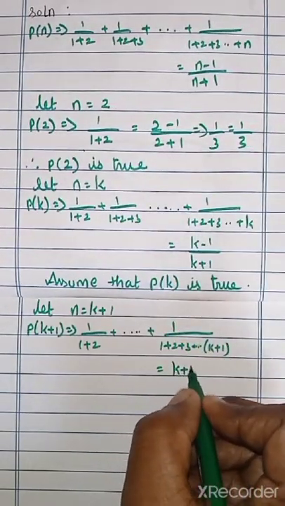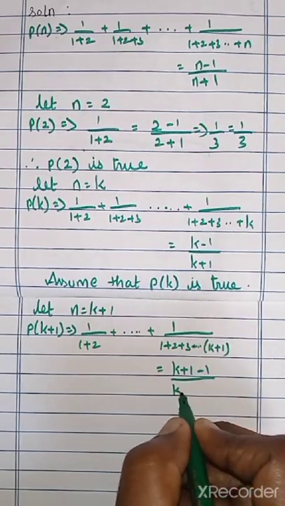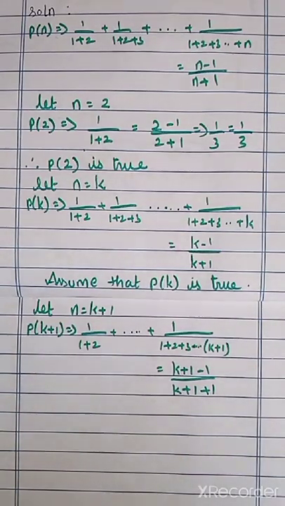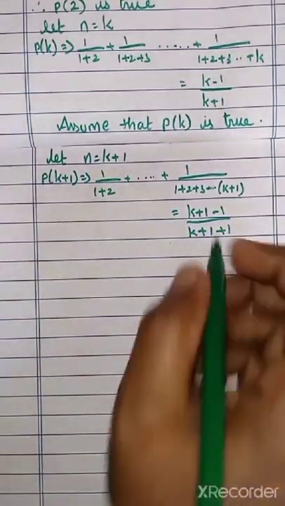Here minus 1 is there, so k plus 1 minus 1 by k plus 1 plus 1. Is that okay? Now we have to simplify this and you have to get this answer.